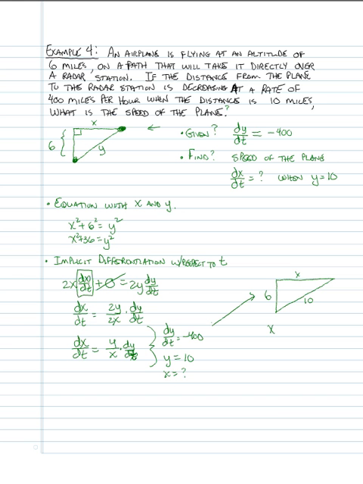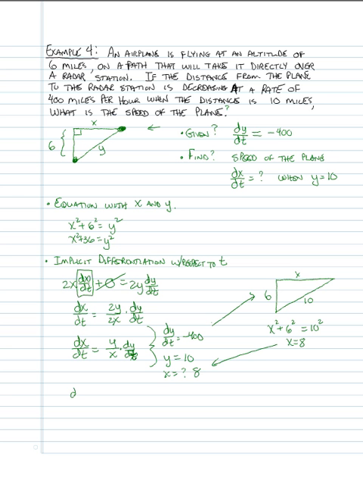So we solve for x by using the Pythagorean theorem again. We have x squared plus 6 squared is equal to 10 squared. And we go through this, and we would end up with x is equal to 8. Now, you could figure that out pretty easily. So now we have that x value, don't we?